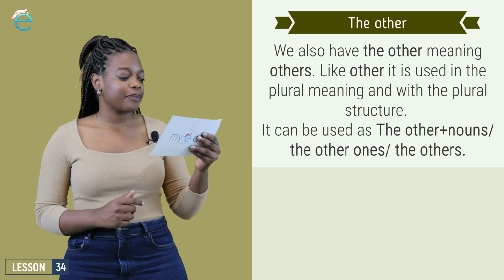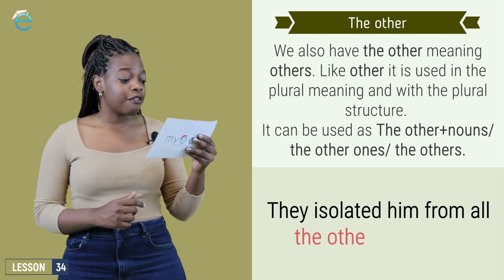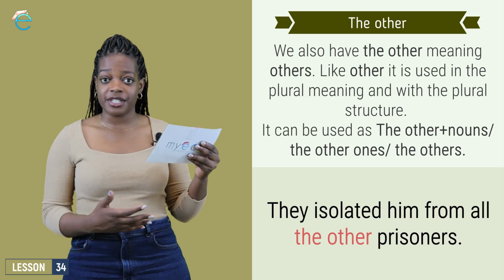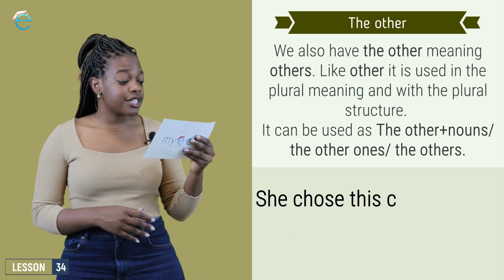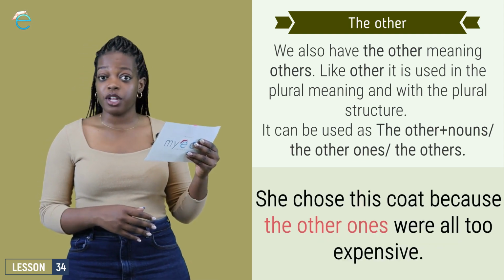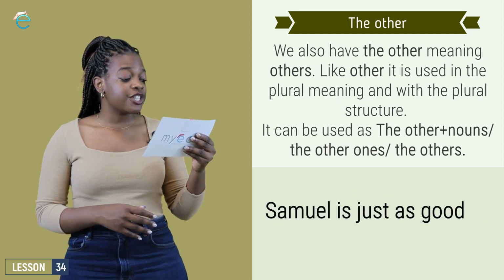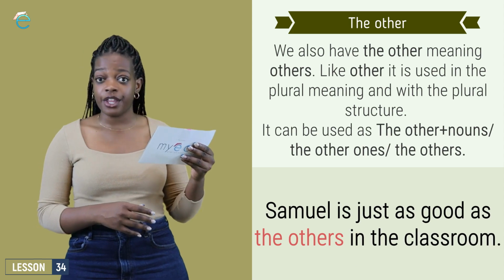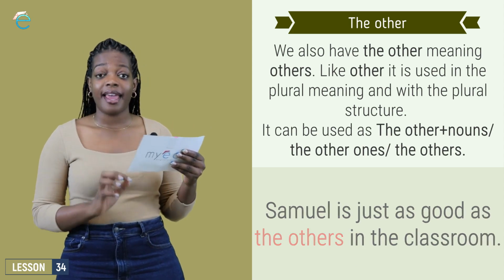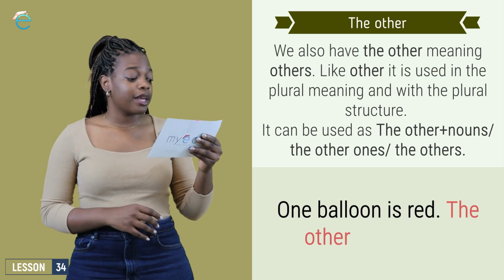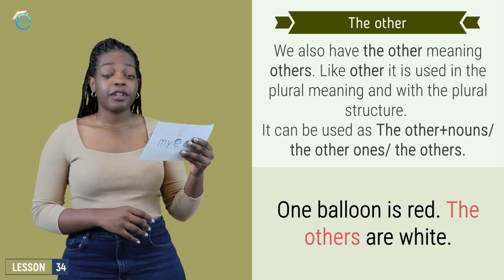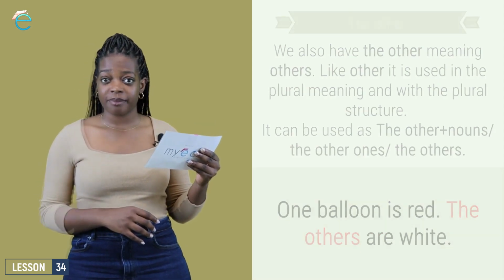For example, they isolated him from all the other prisoners. She chose this coat because the other ones were all too expensive. Samuel is just as good as the others in the classroom. And one more example, one balloon is red, the others are white.